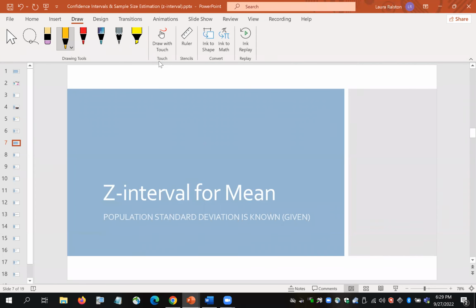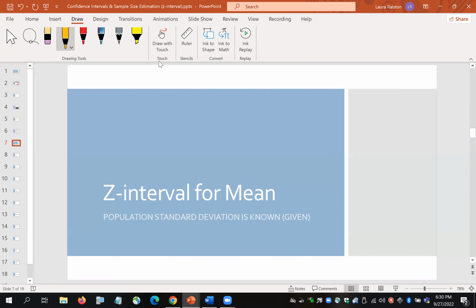So that gives you an idea of what a confidence interval is. It's a range of values between which the population parameter falls, and we have a predictable probability of success. And again, there are really three different types of confidence intervals that we're going to focus on.